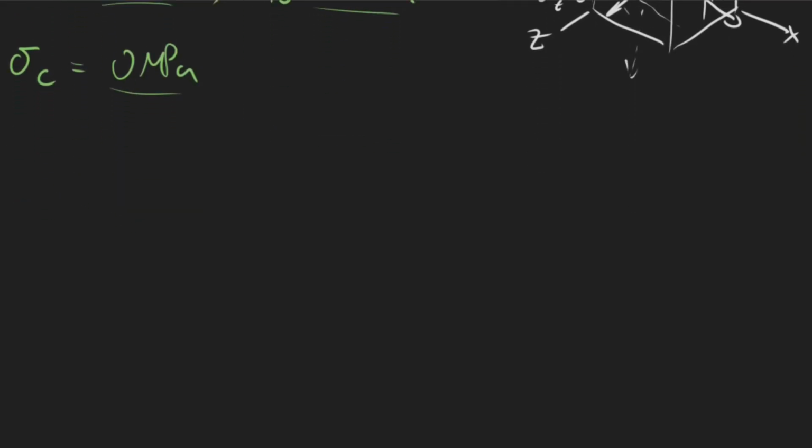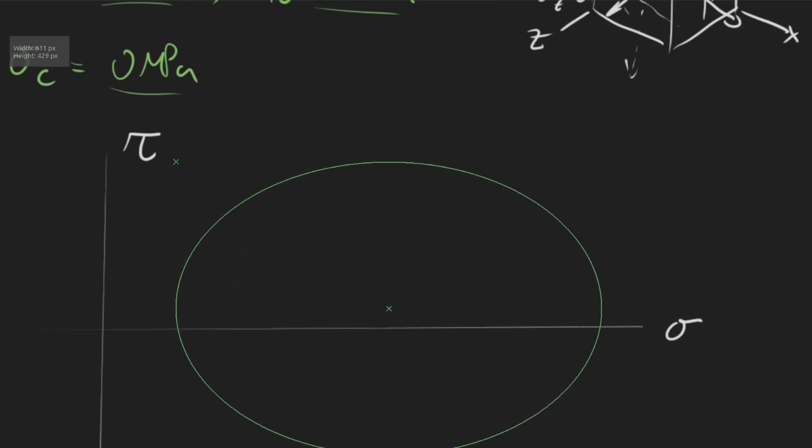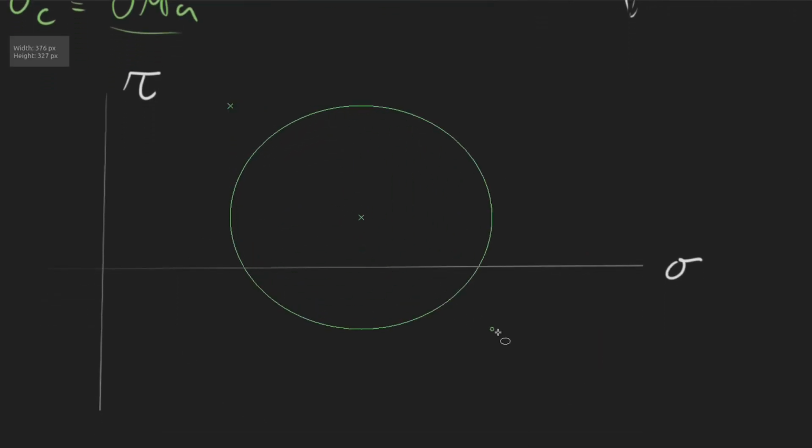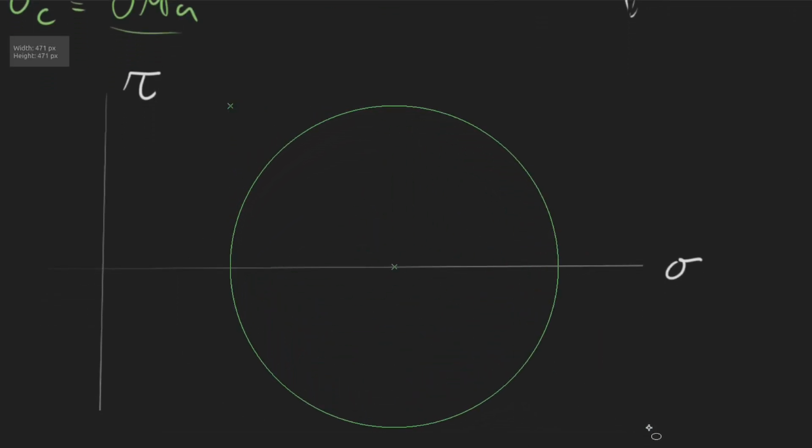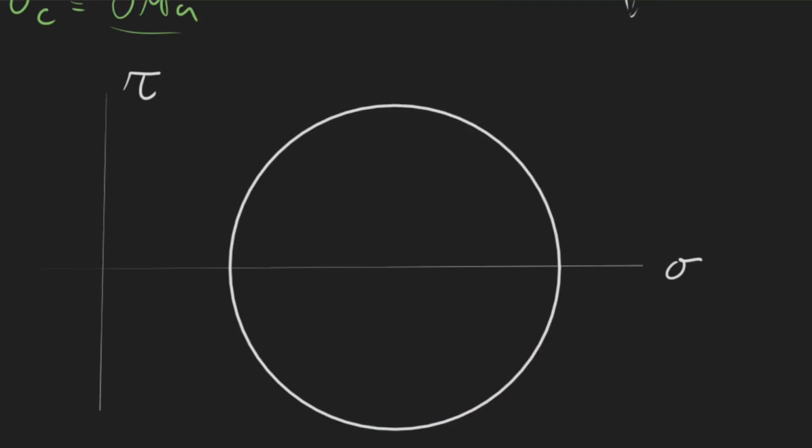So in reality, the 3D version of Mohr's circle would look like this. We would have our y-axis and our x-axis right here. This is the sigma axis, and then the shear, the tau axis, and then we'd have a big circle, right? Let's just say this is the maximum circle, the absolute maximum, and in this case this right here is our sigma A or sigma 1, and then this right here is maybe the negative case.